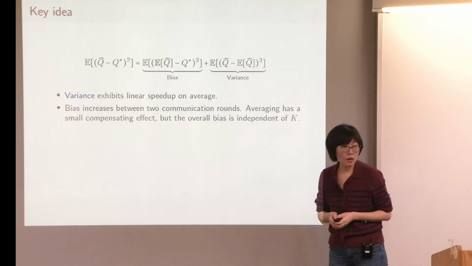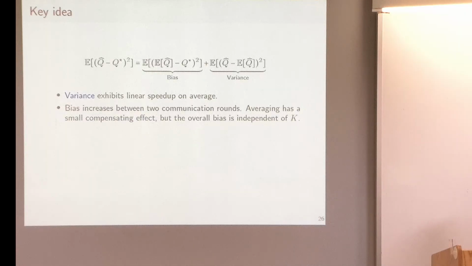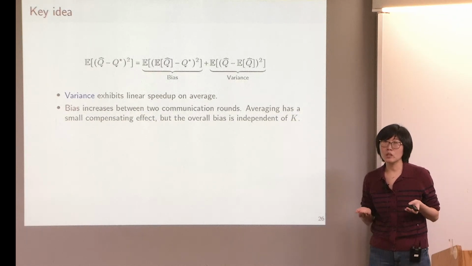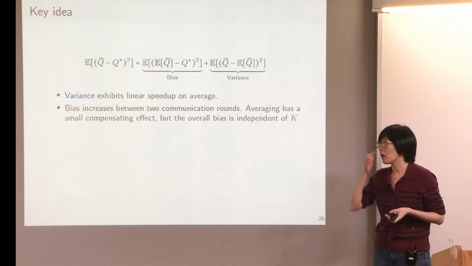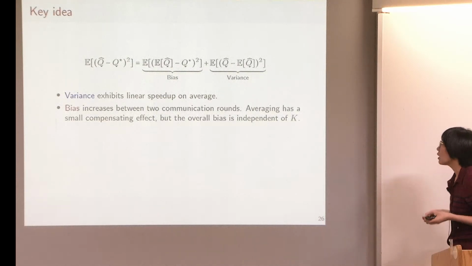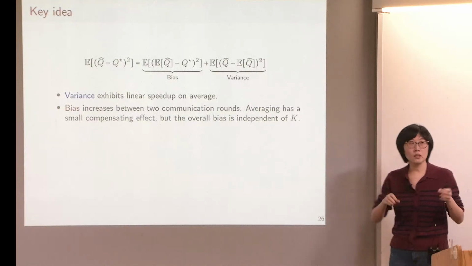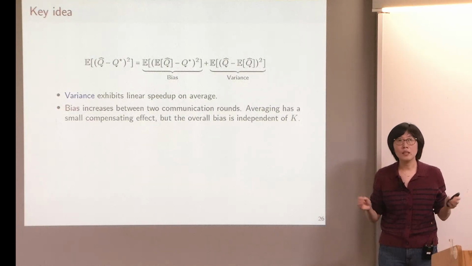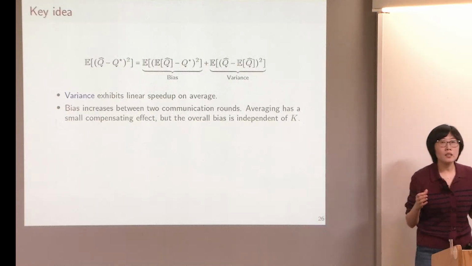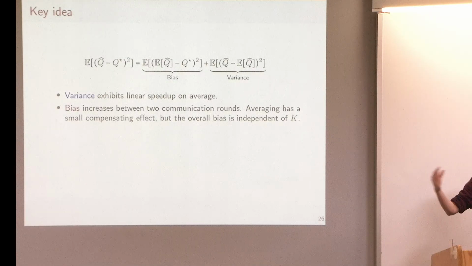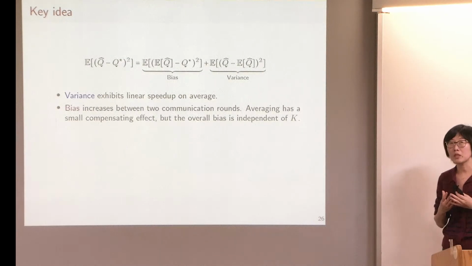So let me also mention briefly the key idea we have in the proof. Roughly speaking, when you measure the errors in your Q function estimates, you can break things down in terms of this bias variance trade-off, right? The nice thing with the variance is that it always exhibits linear speedup when you average things from different agents.